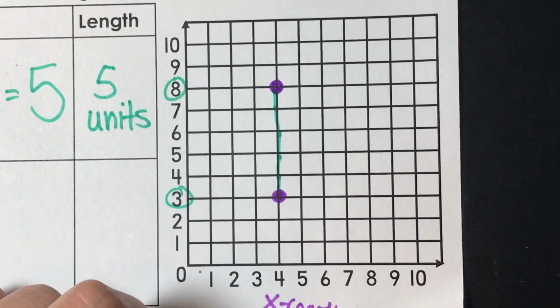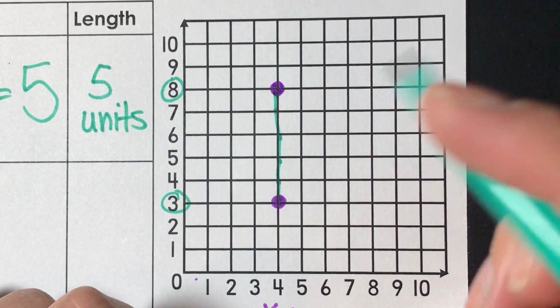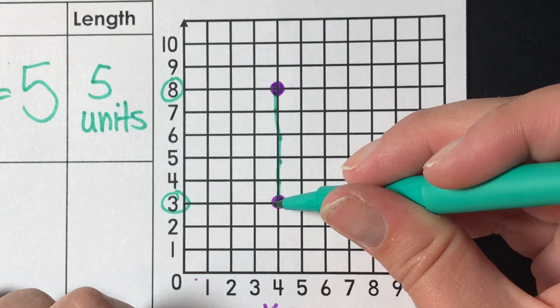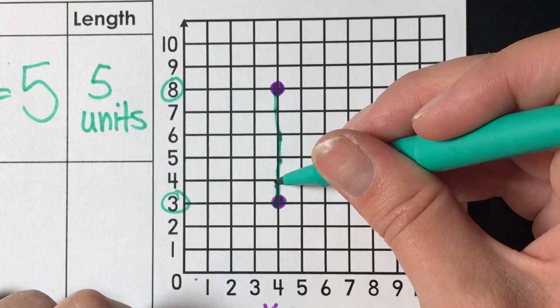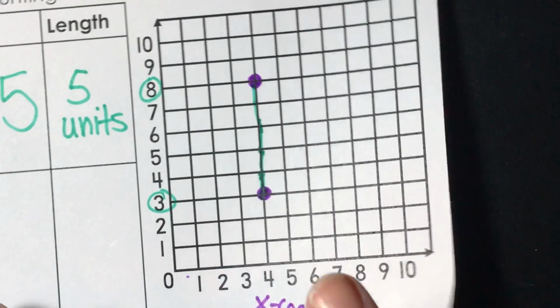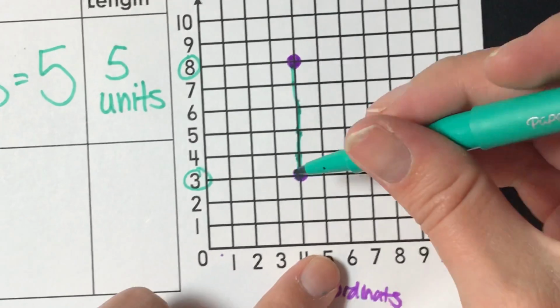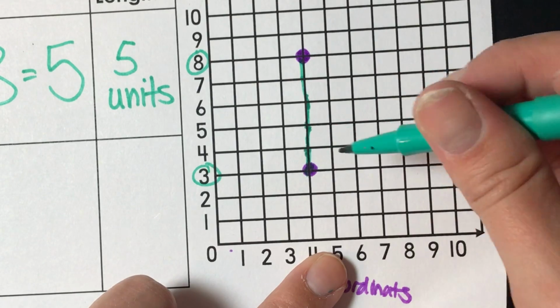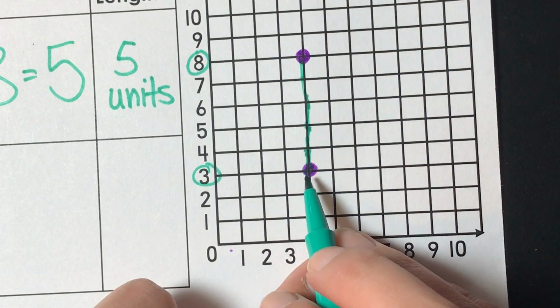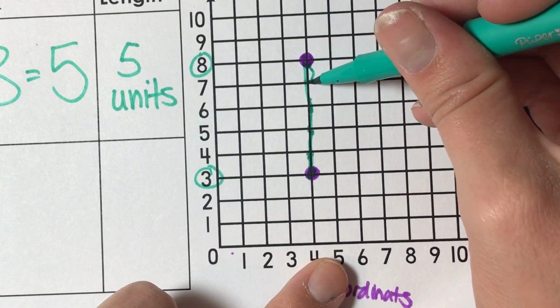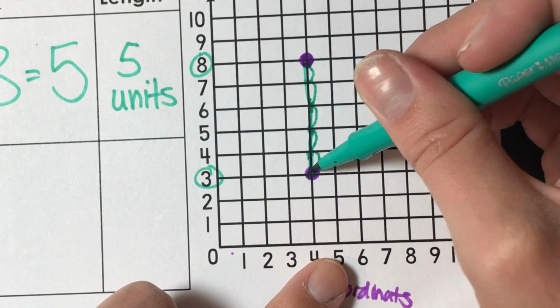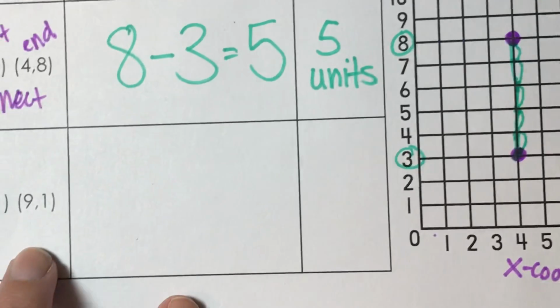When you're counting on a coordinate grid, please be careful that you don't count this, you count every line you run into, every intersection. So you don't start here and go 1, 2, you start, then once you move, you're counting the number of units between them. So 1, 2, 3, 4, 5. 5 units.